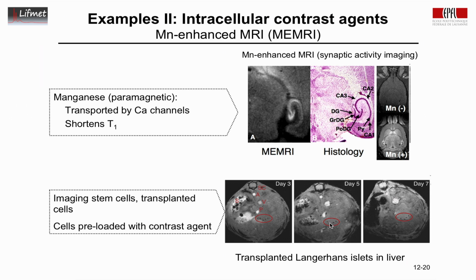They show up as dark because, in this case, they were labeled with a susceptibility contrast agent, so a T2 or T2 star contrast agent, and they are indeed showing up here lodged in the liver, where they are making their action on the body by helping to secrete insulin and therefore reduce the effects of type 1 diabetes in these patients.